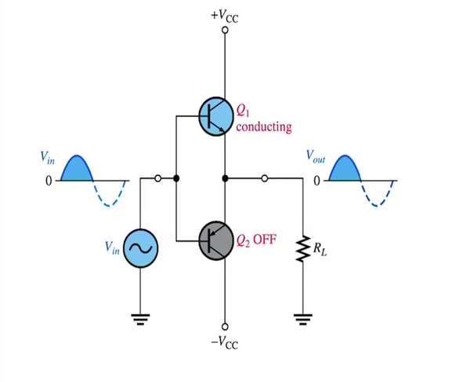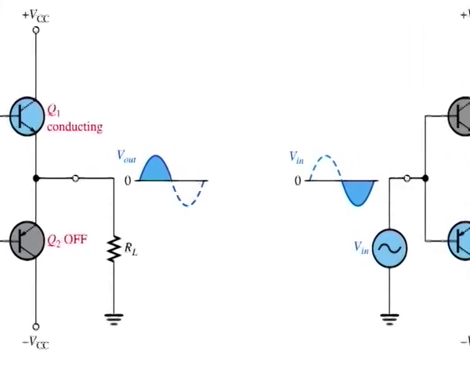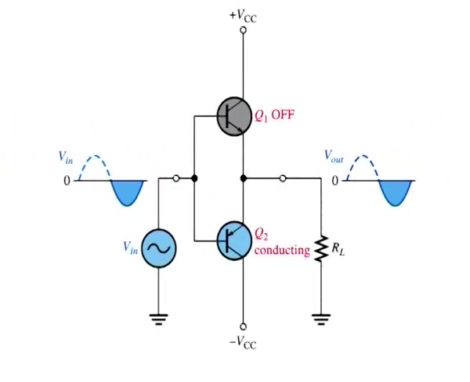Notice that there is no DC base bias voltage, thus only the signal voltage drives the transistors into conduction. Transistor Q1 conducts during the positive half of the input cycle and Q2 conducts during the negative half.